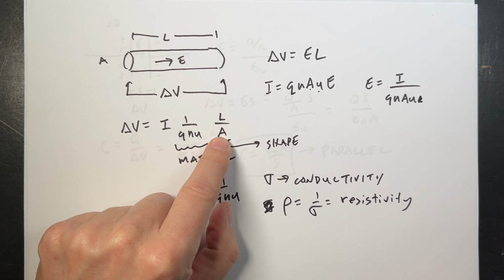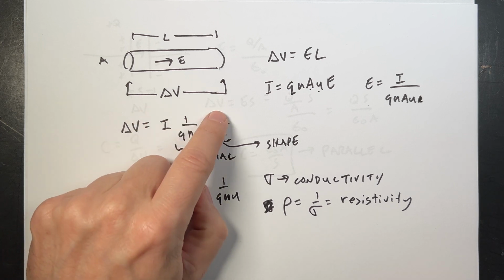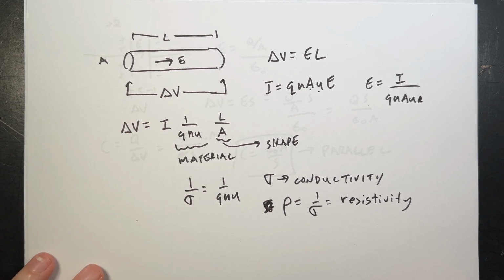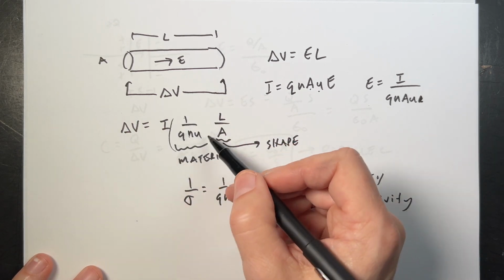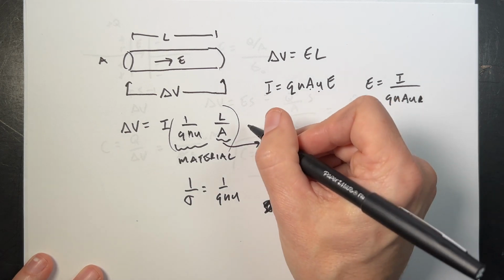So a wider wire would produce more current. A longer wire would produce less current for the same voltage. But we call this whole property right here the resistance.